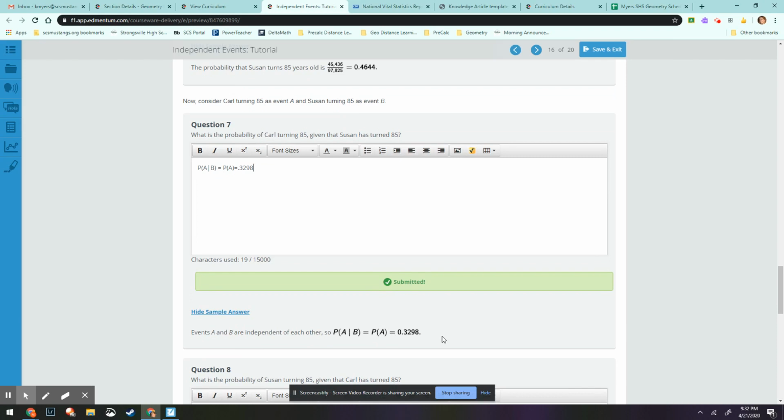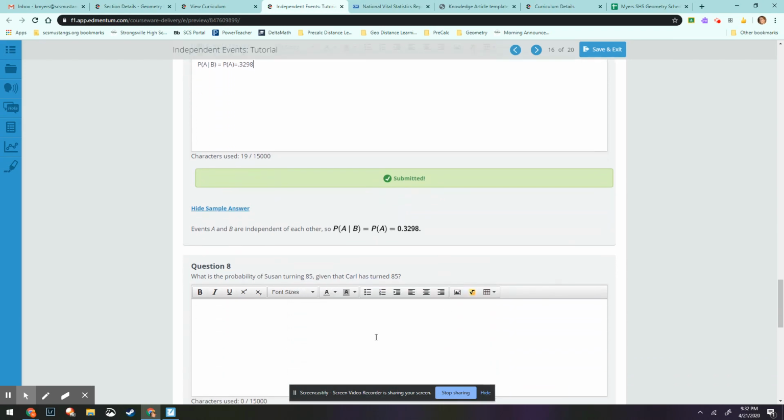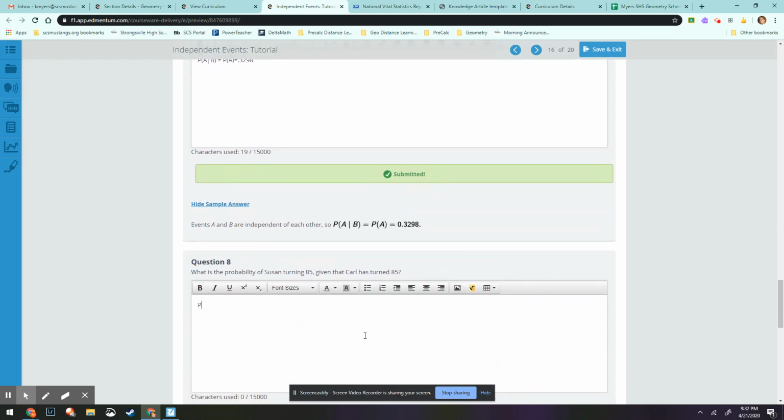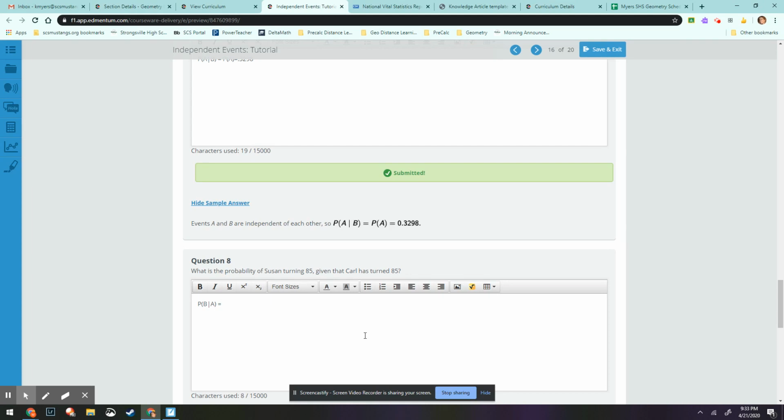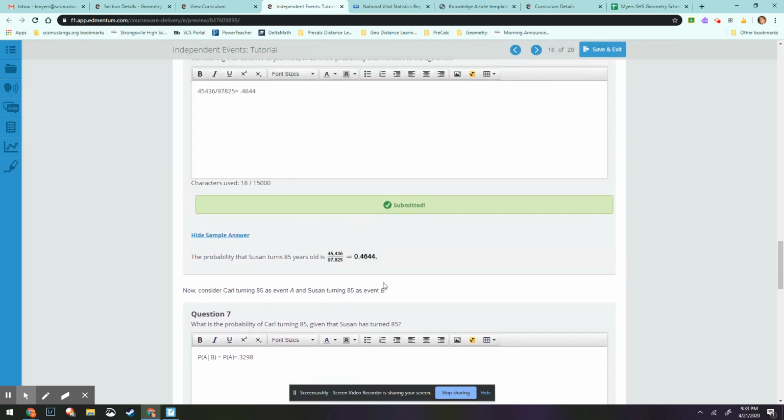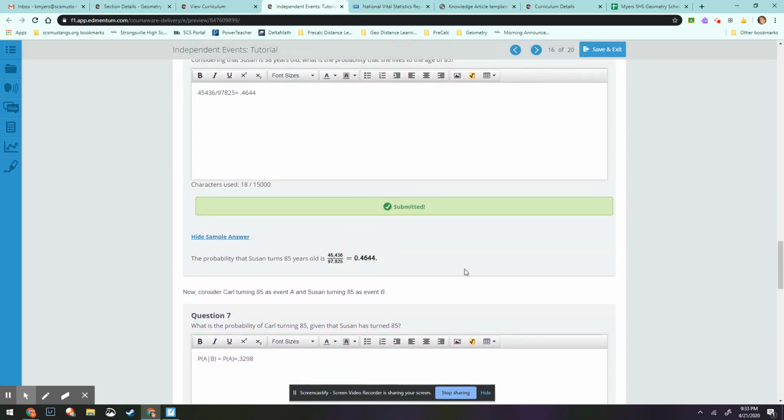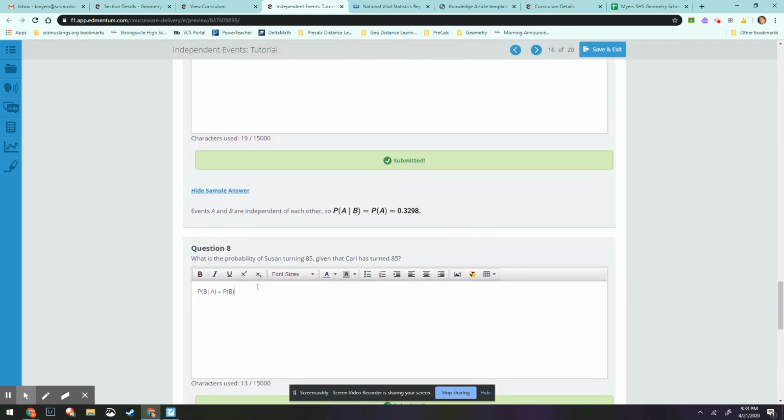Okay, now number 8 is asking the opposite. What's the probability of Susan turning 85, given that Carl has turned 85? But they are independent events, so they have no bearing on each other. So it'll be just the probability of B, which we figured out, since Susan was already 38, is her probability of making it to 85.